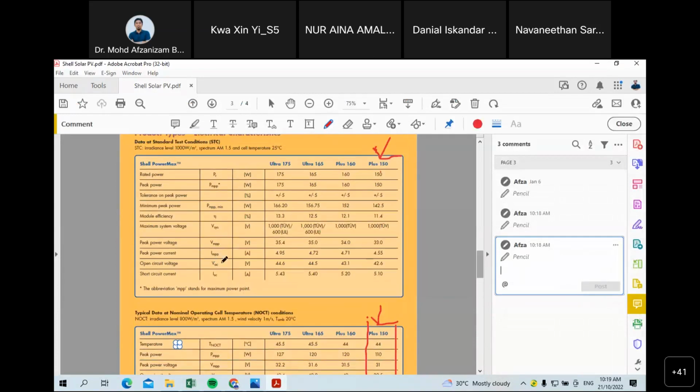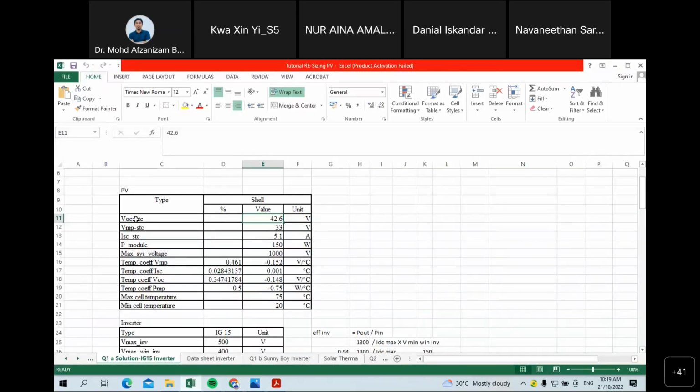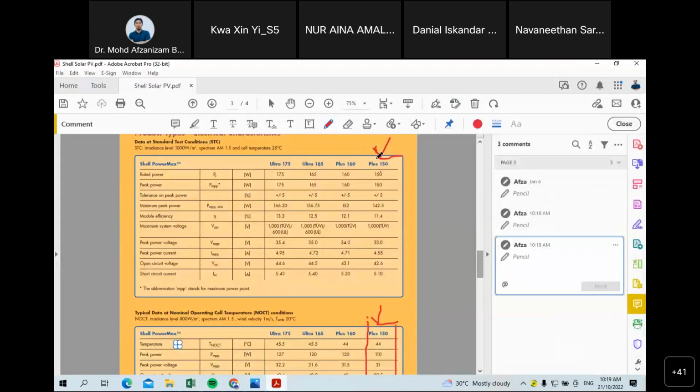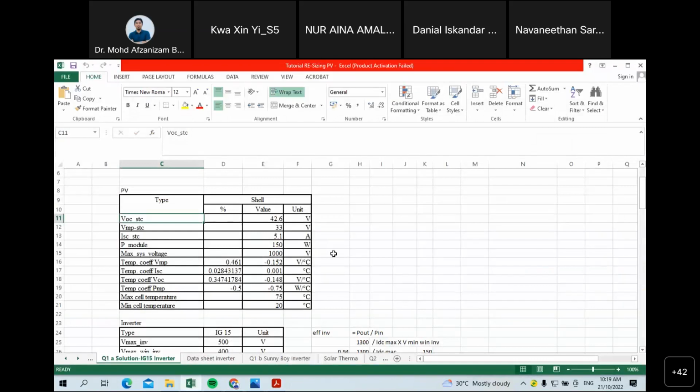Okay, so for example, guys, this VOC 42.6, obtained from this data sheet, 150 and VOC 42.6. So just rewrite it in this Excel so that we can check it easily.